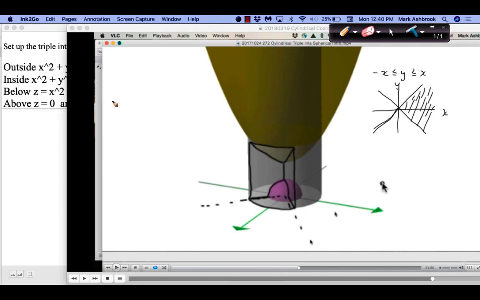Okay, so here we go. So sometimes the bottom is 0. And sometimes the bottom is the top of the sphere, which is z equals square root of 1 minus r squared.